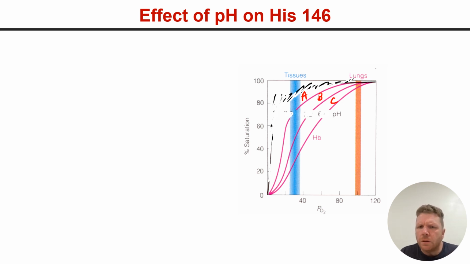And let's look at this y-axis. Rather than it being fractional saturation, it's percentage. So this is our 0.5. Because what we care about with proteins A, B, and C is the P50. So what O2 concentration is going to get us 50% saturated? Now let's look at A.